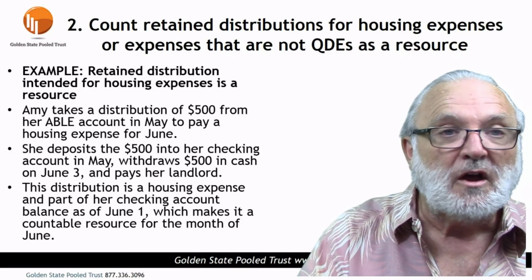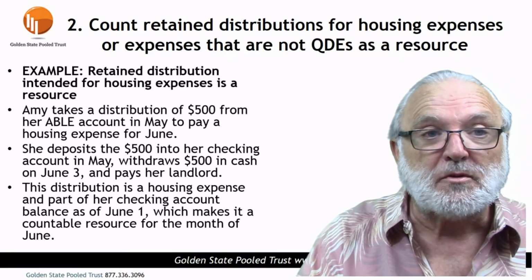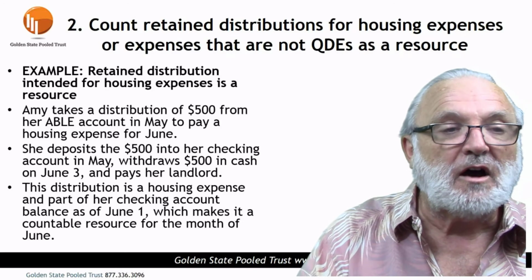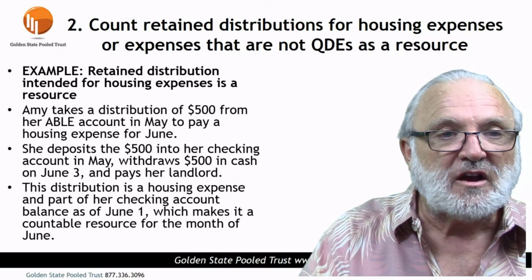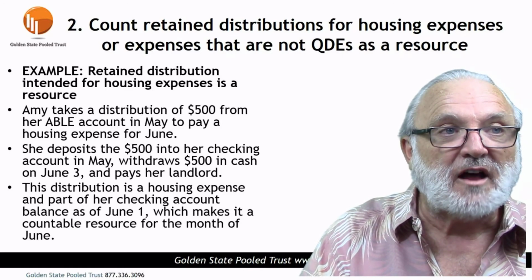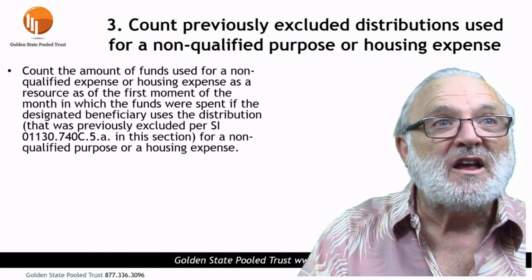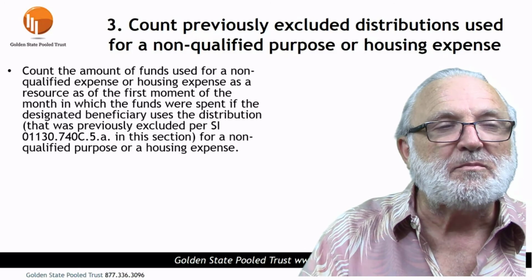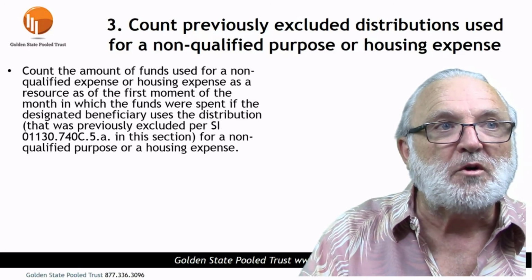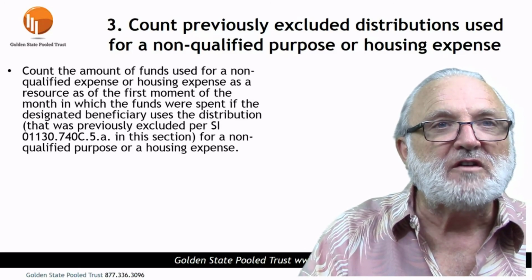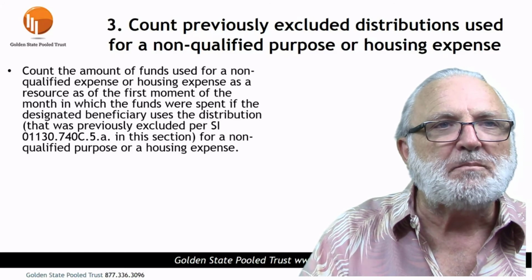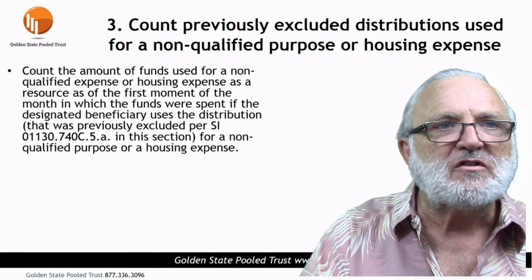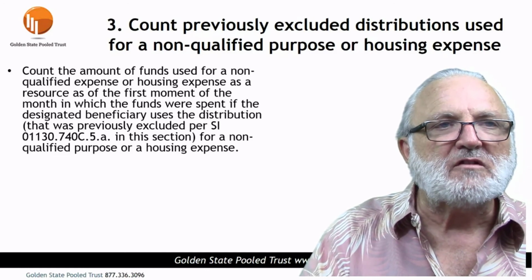So it's going to be really important for people that are using ABLE accounts for housing not to take the money out, put it in your checking account, and then hold it into the next calendar month. Count the amount of funds used for non-qualified expenses or housing expenses as a resource as of the first moment of the month in which the funds were spent if the designated beneficiary uses the distribution for a non-qualified purpose or housing expense.